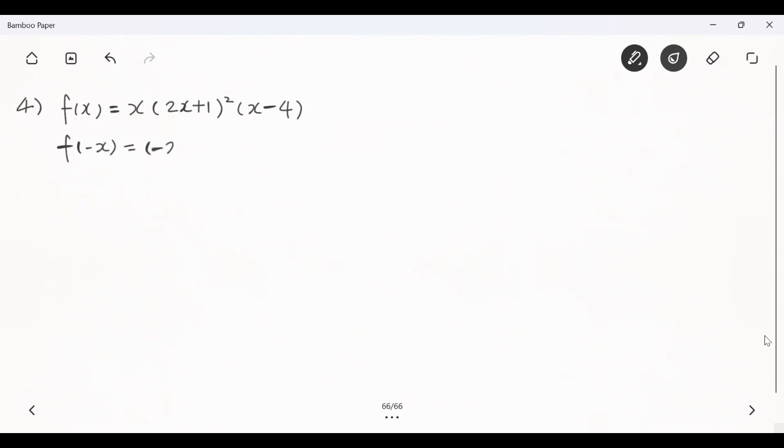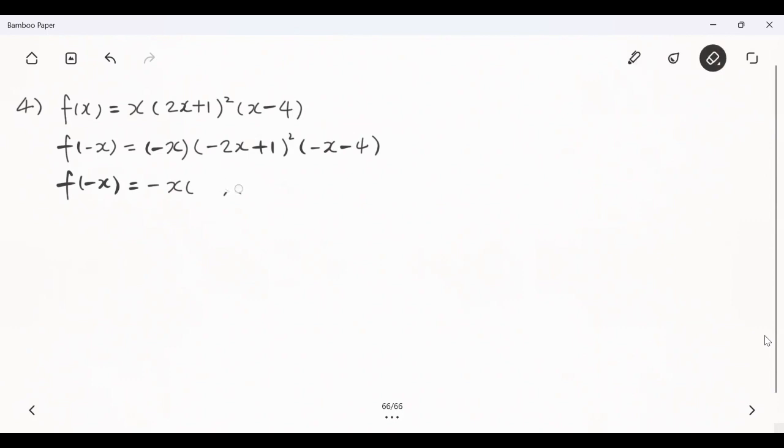So the right side changes into negative x times negative 2x plus 1 squared times negative x minus 4. Right? So simplify that. Get f negative x equal negative x times, take the negative 1 out. So it's squared, so it's the same, right?